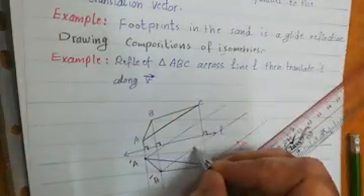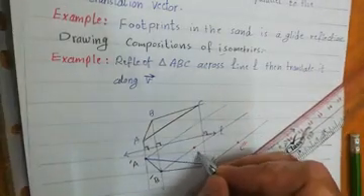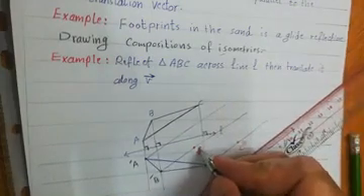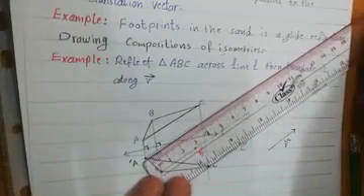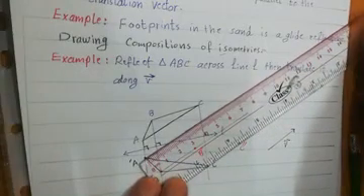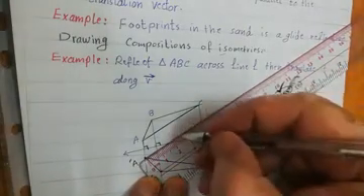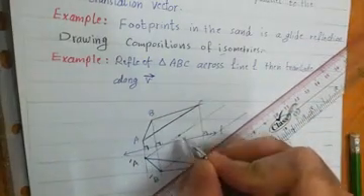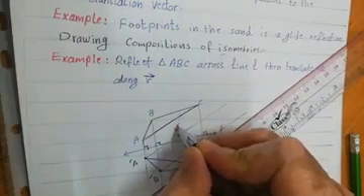So this is B double prime, and the third, for A prime, 2.5, it's here. So this is A double prime.